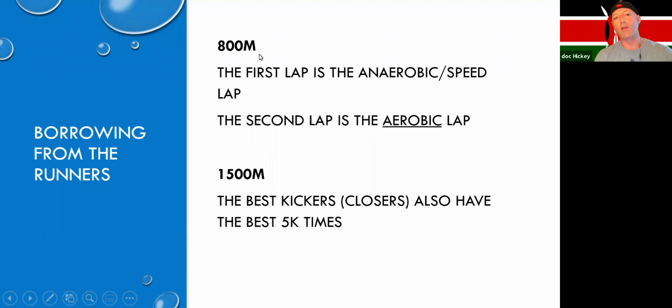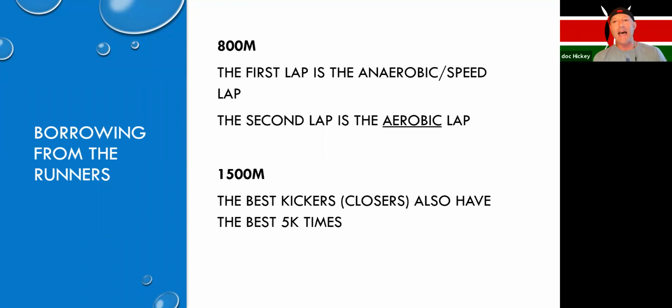Borrowing from our runners. If you watch a really good 800-meter race, if you're really getting into this today, I'm glad. I hope I lit the spark. Google some of Nick Symmonds' races on YouTube and watch how he runs. He runs it from the back. Also, another good one to Google, Dave Wottle, 1972 Olympics.